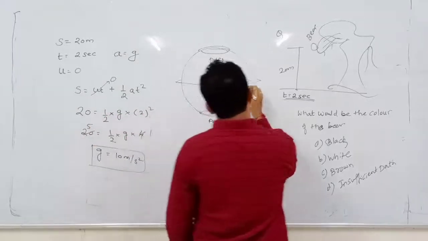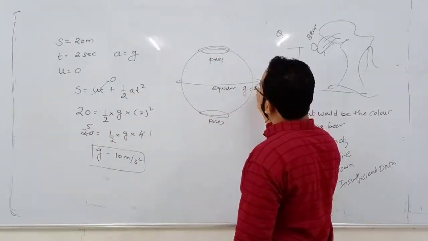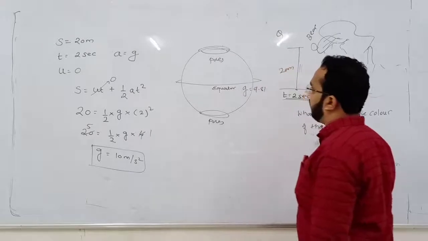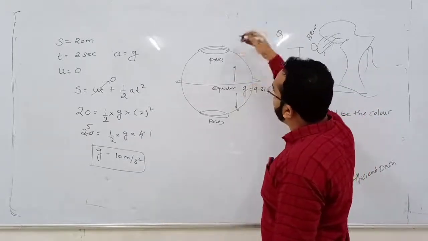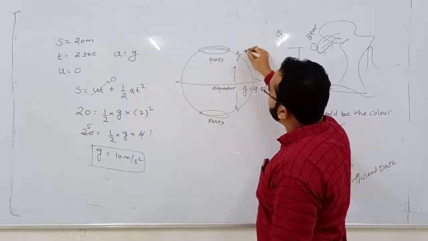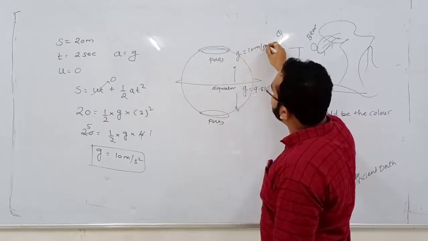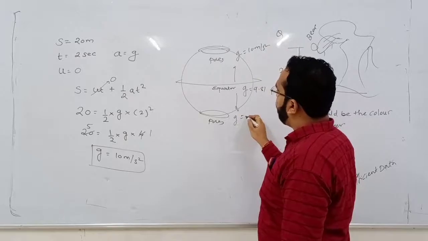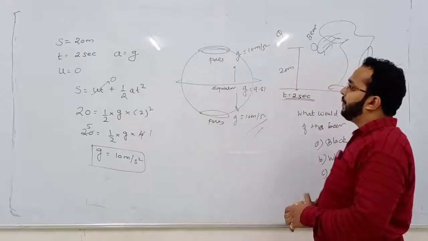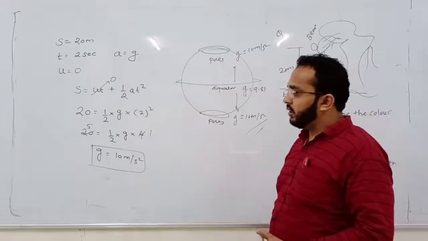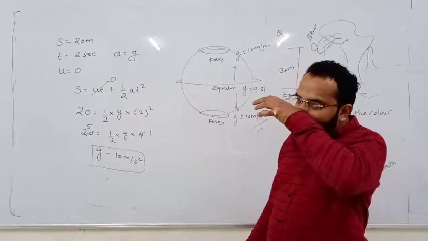At equator the value of g is nearly 9.81, and as we go near to poles the value of g increases to 10 meter per second square.